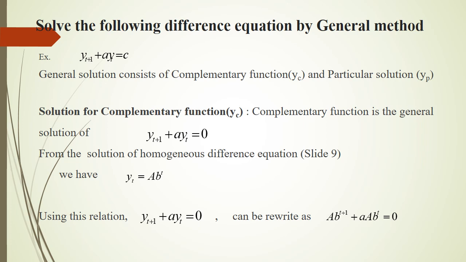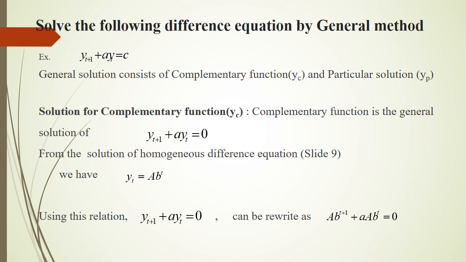What is our given equation? For the complementary function, it is y(t+1) + a y(t) = 0. Now in place of y(t+1), we will use the solution for the homogeneous difference equation, and for y(t) also we will use the solution of the homogeneous part.